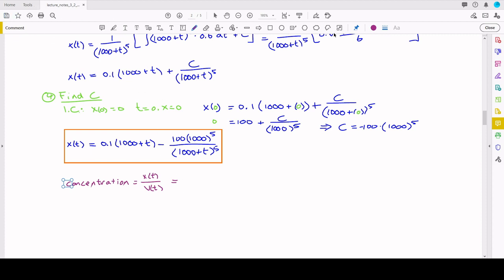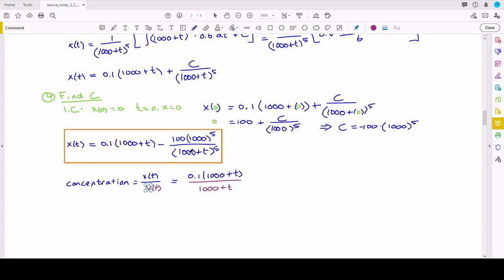And when we do that, we get 0.1 times 1,000 plus t, and we divide that by v of t. v of t was 1000 plus t.